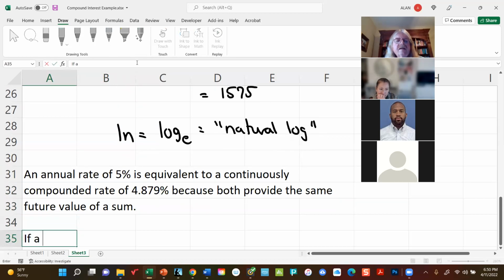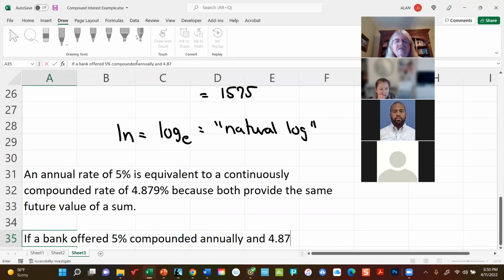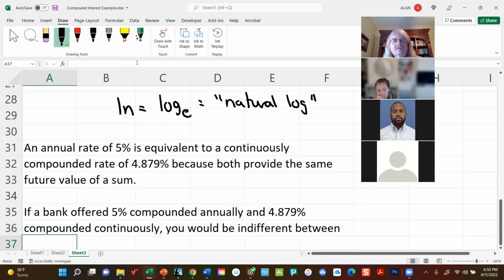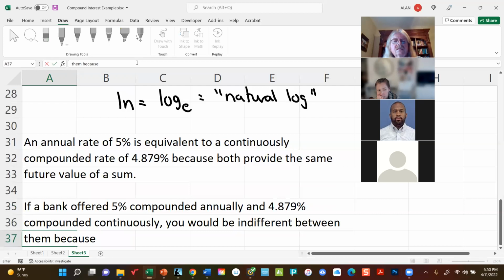In other words, if a bank offered 5% compounded annually, and 4.879% compounded continuously, you would be indifferent between them because they provide the same future value.